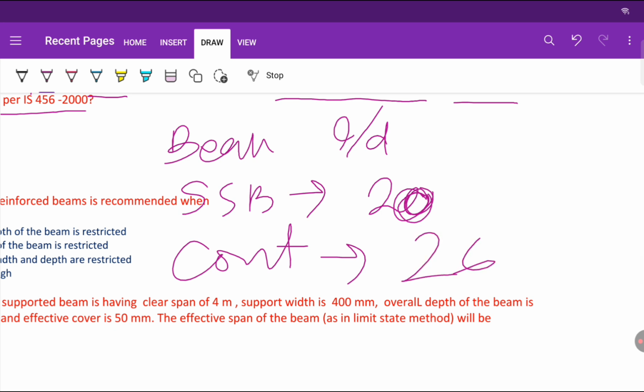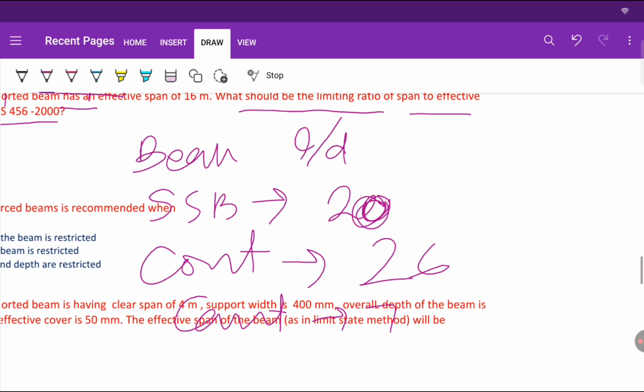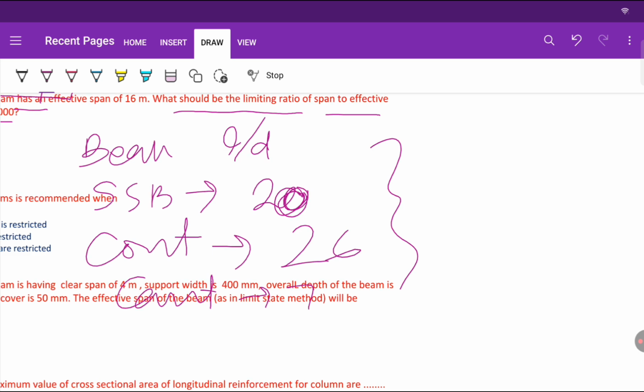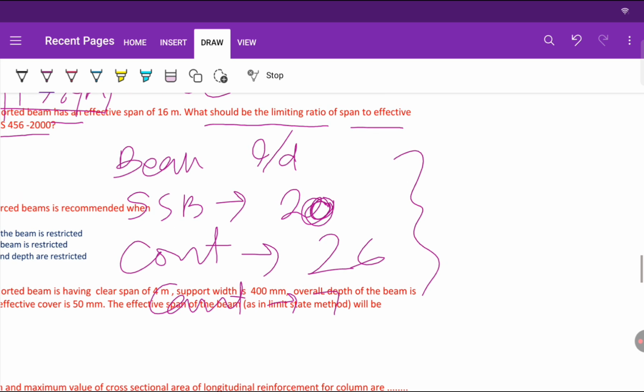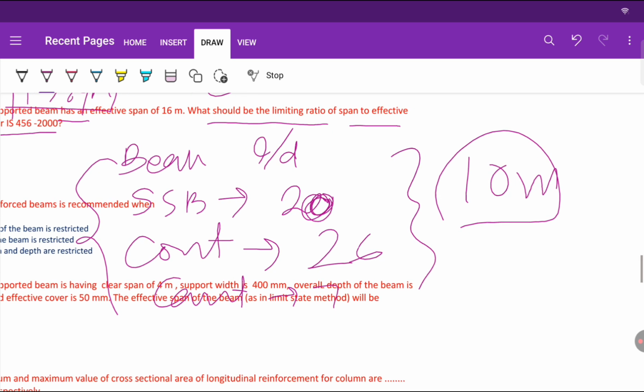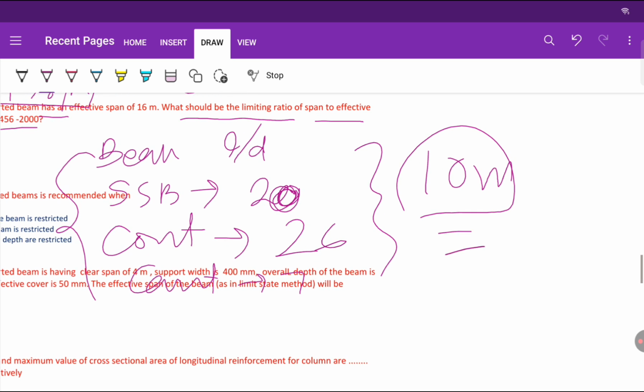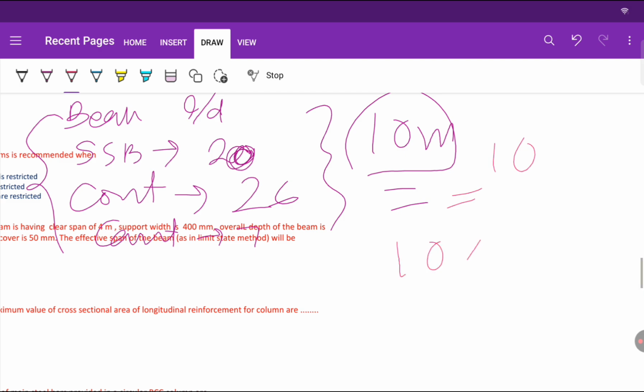Okay, and for cantilever beam 7. These are up to span 10 meter. Up to 10 meter span, this criteria is valid. If the span exceeds 10 meter, then we'll have to multiply 10 upon span.